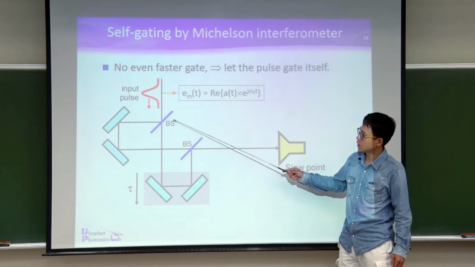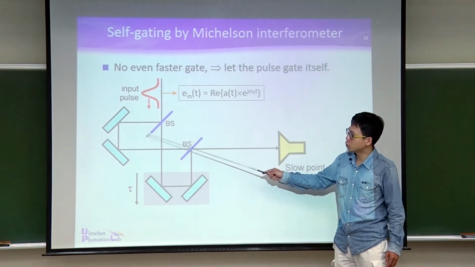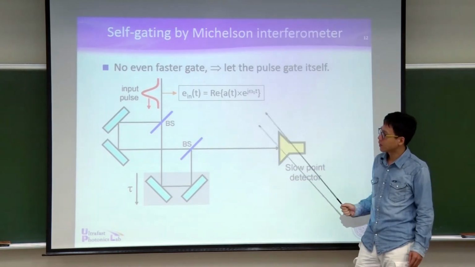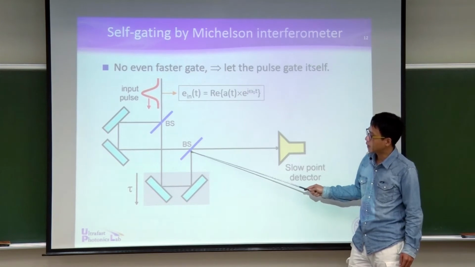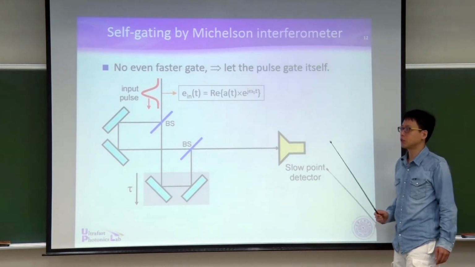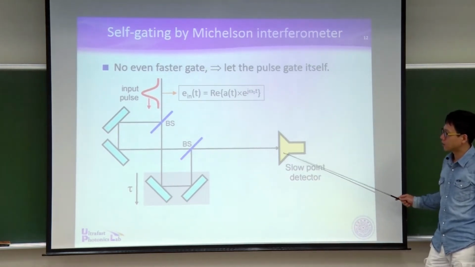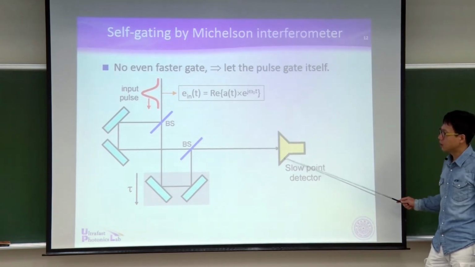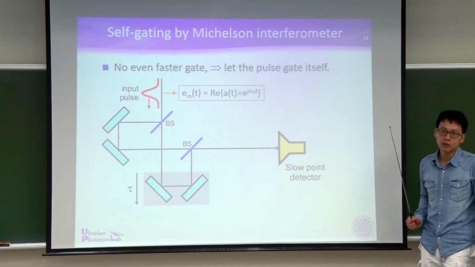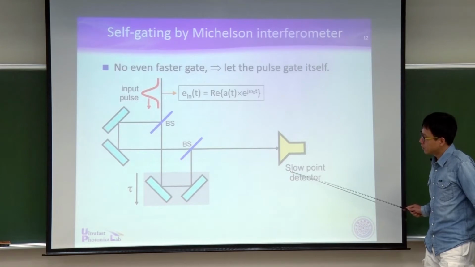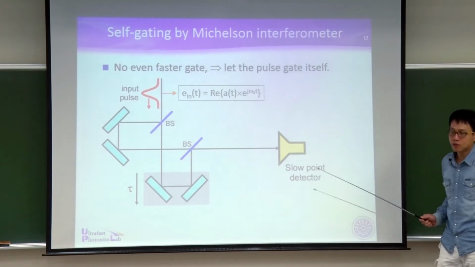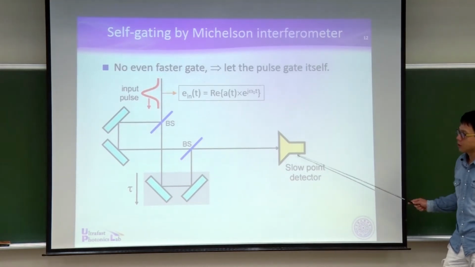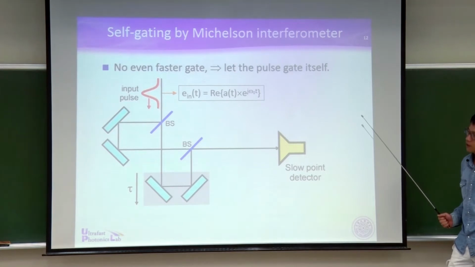So the input pulse is split into two different paths, and they are recombined at the second beam splitter. And you can place a slow point detector to measure the output signal. Here, the slow means the response speed of the detector is much slower than the pulse width.